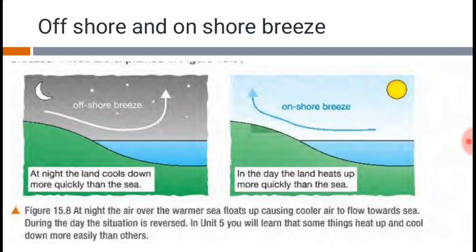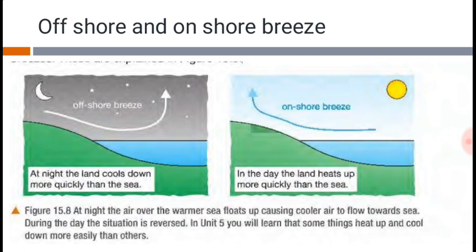So what happens is there is an offshore breeze, that is the air moves from the land and goes to the sea. This is known as the land breeze. Whereas during the day the land heats up more quickly than the sea, so now the land is warmer than the sea.